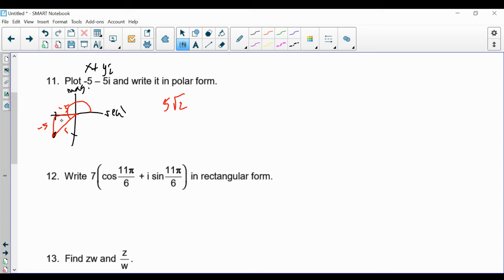And then because we're in the third quadrant here, we have this 45-degree angle. Well, we're still always measuring from standard position. So we're going from here all the way around like I drew. So you're doing 45 plus 180, or if we're in radians, pi plus pi fourths. And we're going to write it with the cosine plus i sine form.